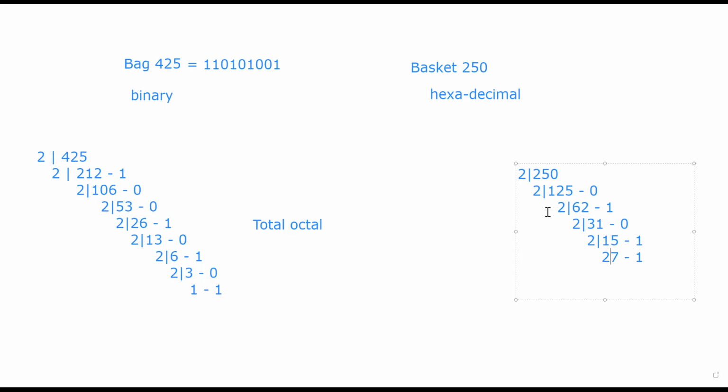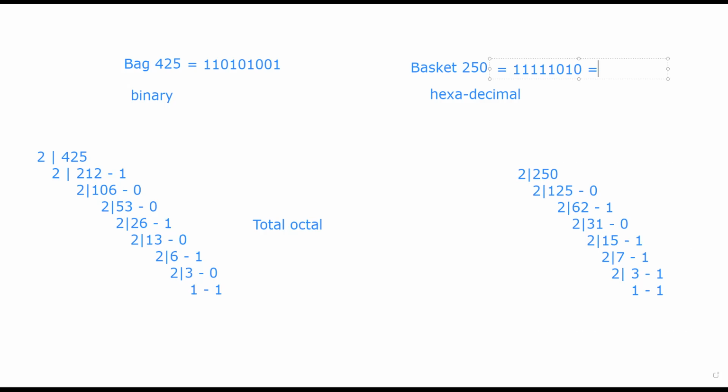Again, I will divide by 2. We will get 3. Again, divide by 2. Remainder is 1. We have 1 and 1. So that means 250 in binary is 1 1 1 1 1 0 1 0.